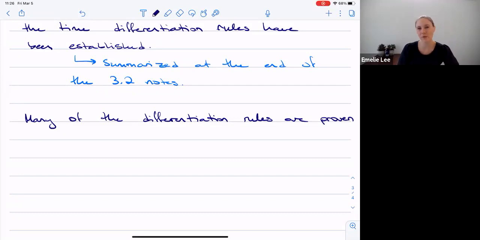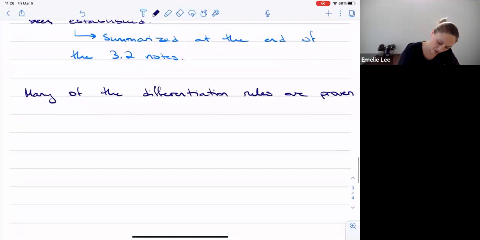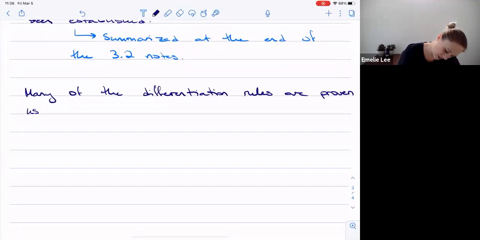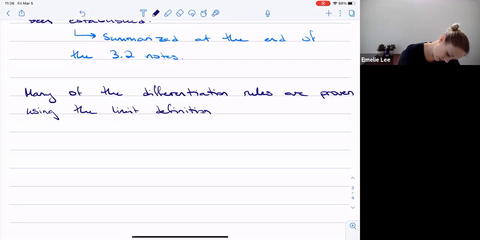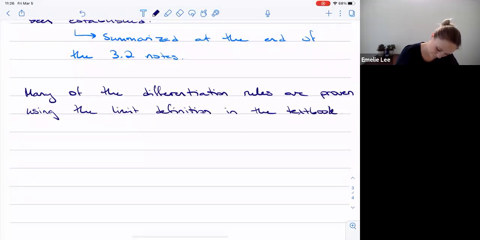And I'm not focusing too much on proofs, but just in case it comes up, many of the differentiation rules are proven using the limit definition, and that's how you would do it in the textbook.